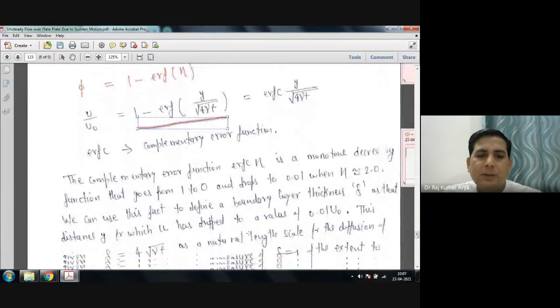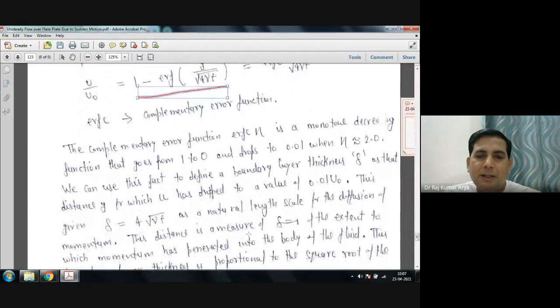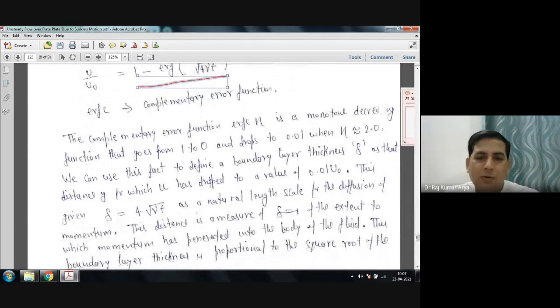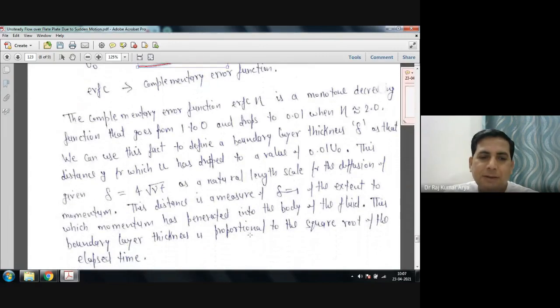This is something which you can understand from here. Now, can you read it? I hope you can. If you read it, you will come to know that the complementary error function of eta is a monotonically decreasing function that goes from 1 to 0 only.